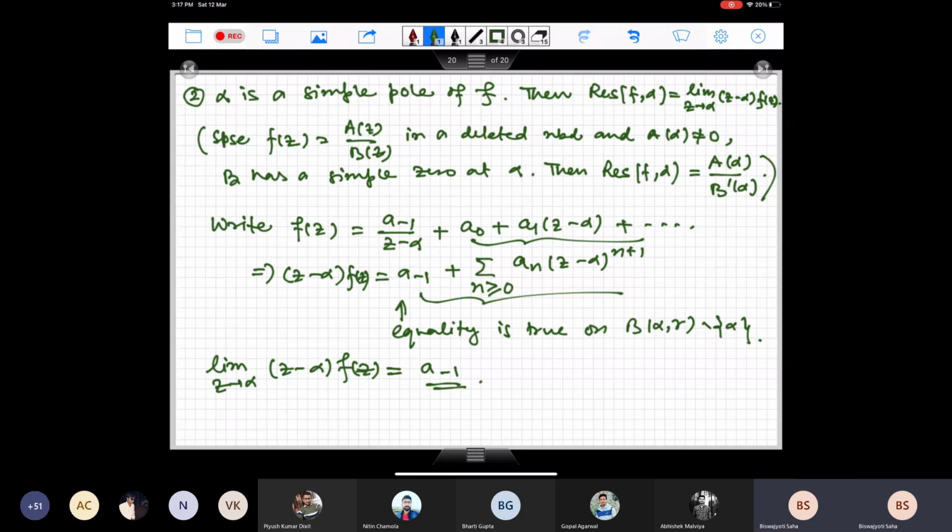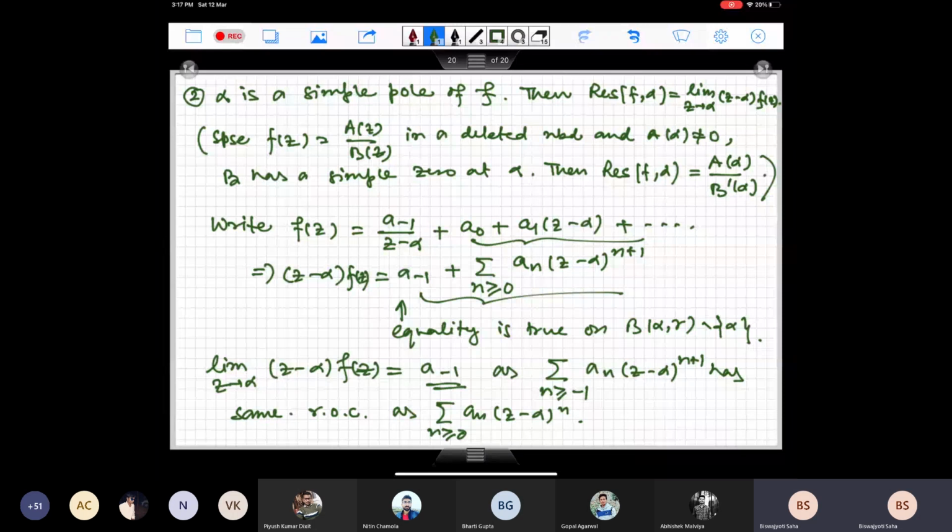Is this clear? Yes, sir. The summation over n greater than or equal to minus 1 of a n times z minus alpha to the power n plus 1 has the same radius of convergence as the summation over n greater than or equal to 0 of a n times z minus alpha to the power n.